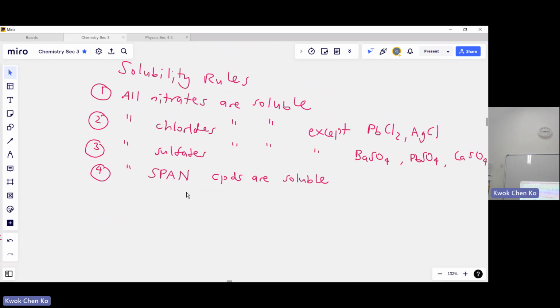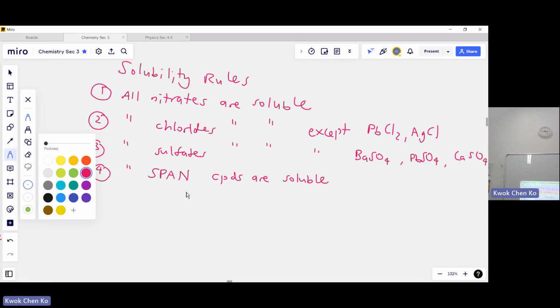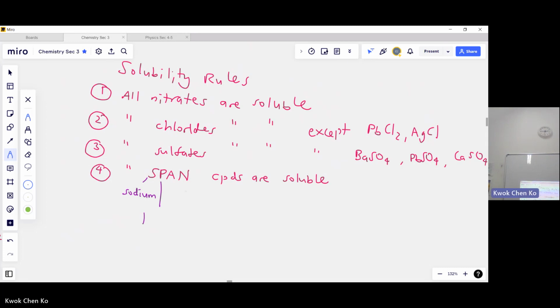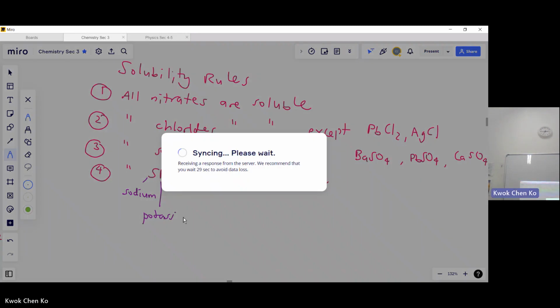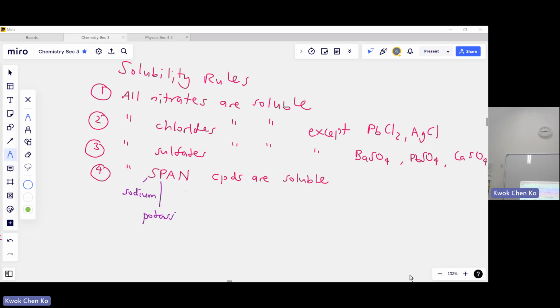Okay, so what is SPAN or what is SPA? S stands for? Correct, sodium, potassium. And of course, A stands for ammonium.